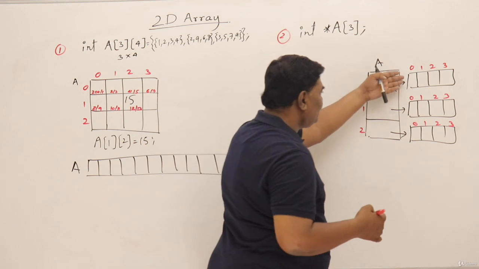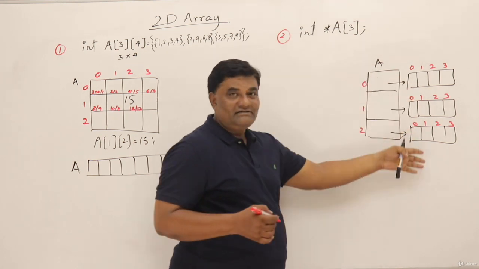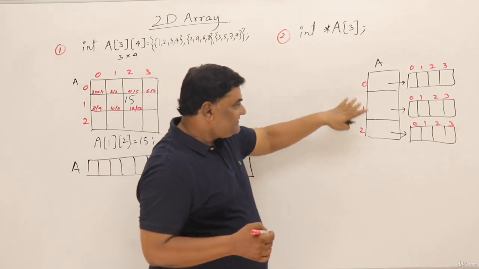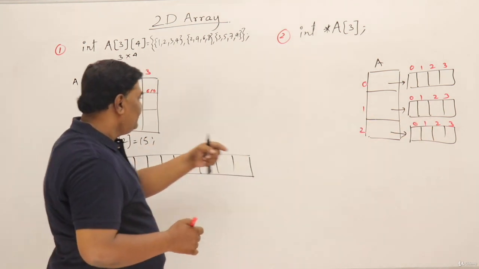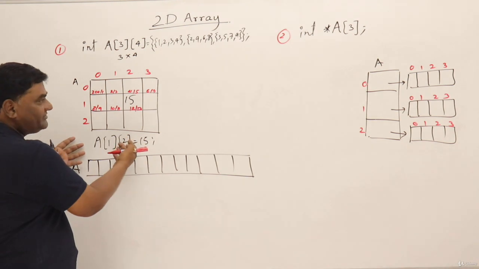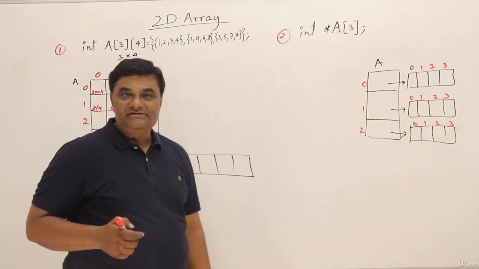So this is nothing but an array of arrays. There are 3 arrays and I have this array pointing to those 3 arrays, and together they form the same two-dimensional array. So this is the second method of creating a two-dimensional array.